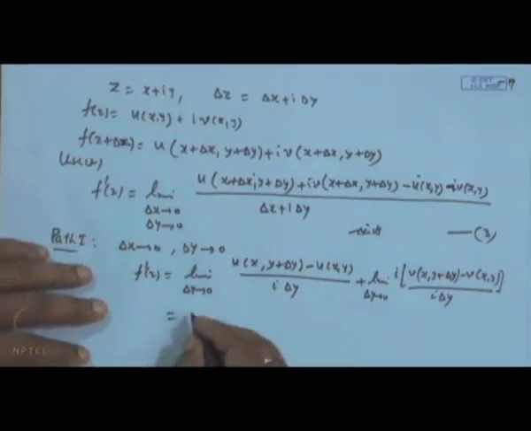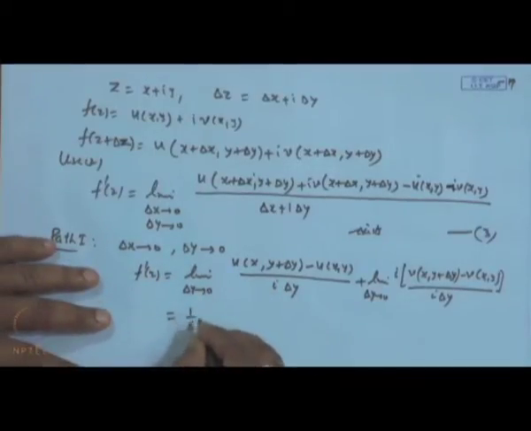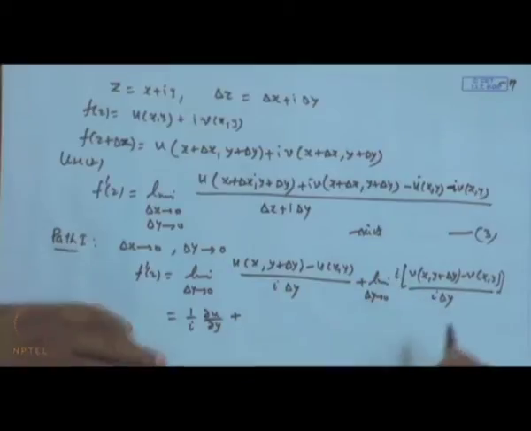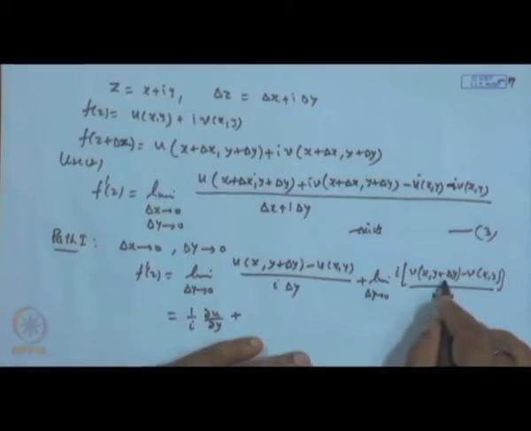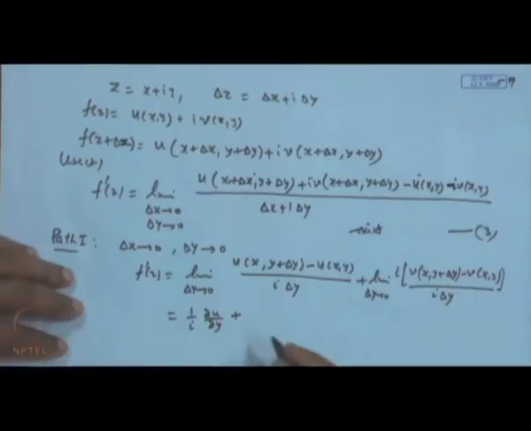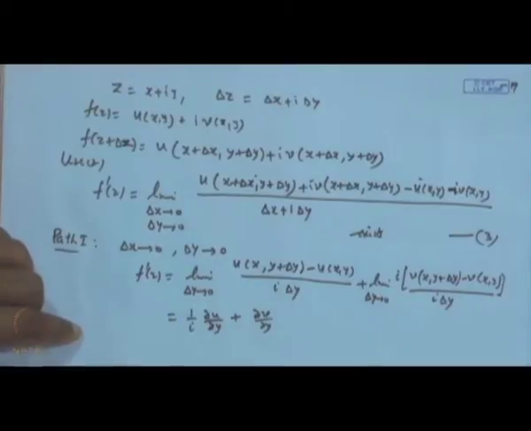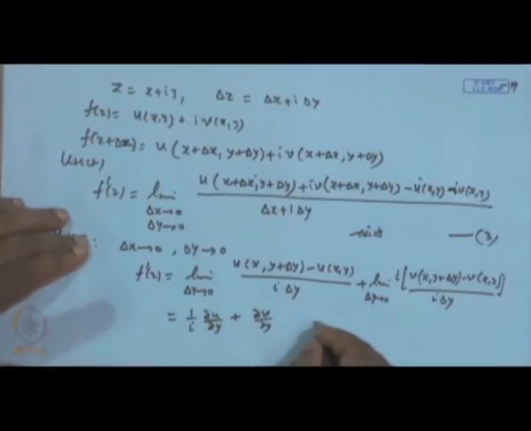So you are getting 1 by i del u over del y. Similarly, for the second term, the i gets cancelled, and the partial increment in v divided by delta y gives the value del v over del y. Now, this is equation 4.